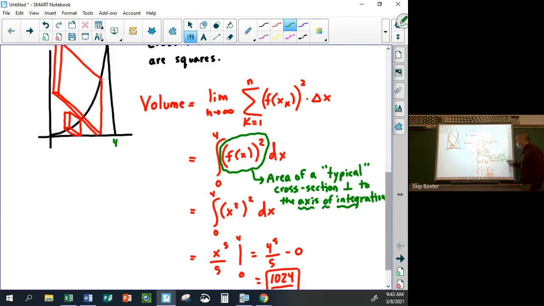Now, what's that? The axis of integration is the x-axis in this case. It's the x-axis if these are both x values, the limits of integration, and this is a function of x. Then the axis of integration, you're integrating on x values. So we're going to be looking at cross-sections perpendicular to that. Okay?